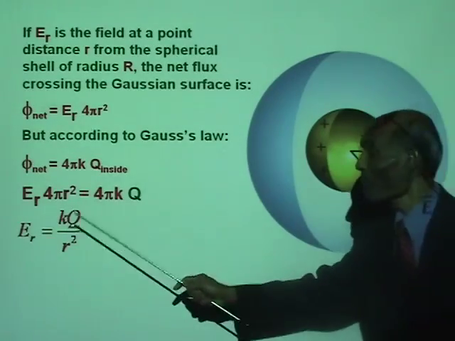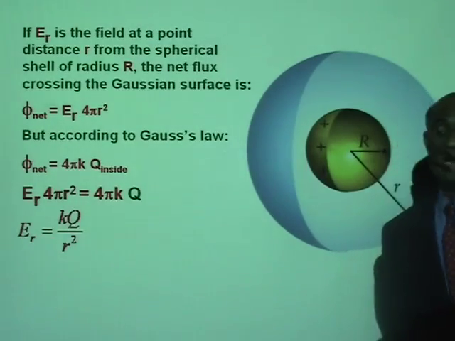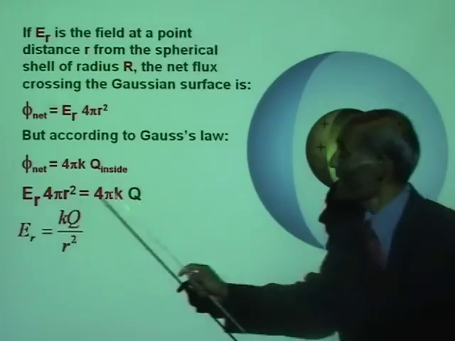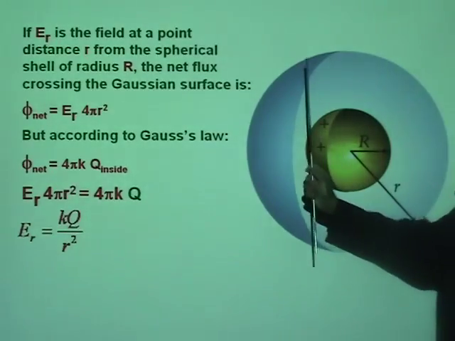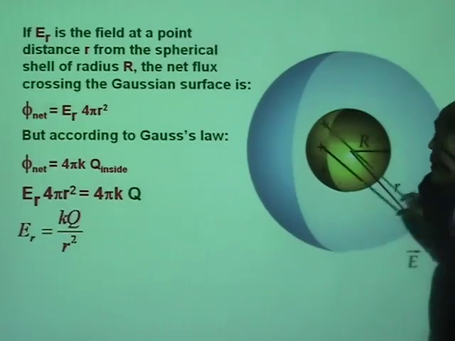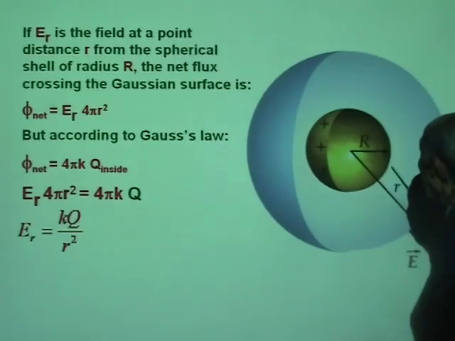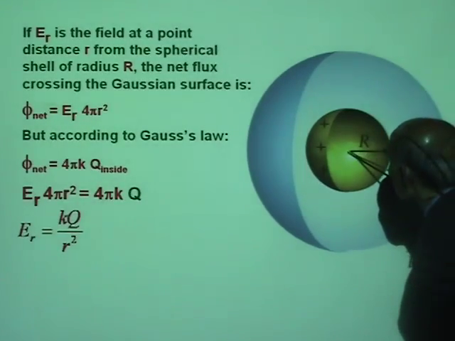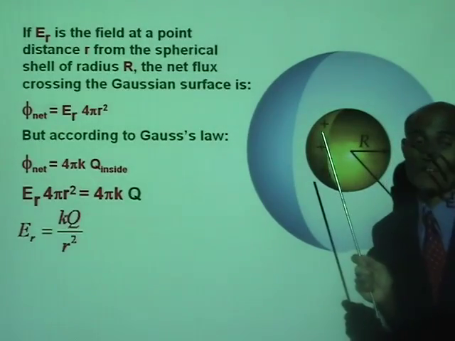Now, very important result. What it tells you is that the electric field at any point outside the shell behaves as though all the charge on that shell is concentrated at its center.